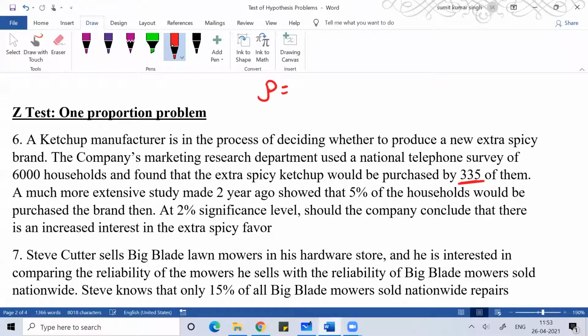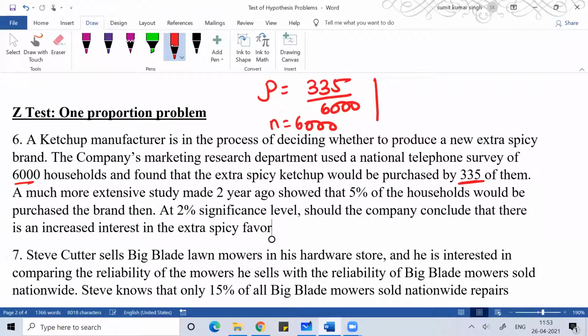So the sample proportion will be 335 by 6,000. Here your n is 6,000.